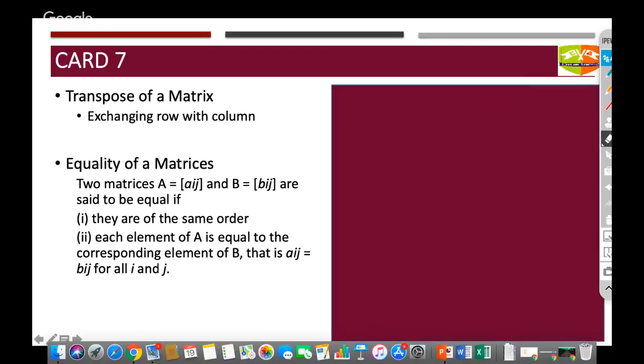Now let me solve a question over here. Suppose I'm talking about equality, so let me take a question of equality, where I talk about the concept of equality. I am taking a 3 by 3 matrix, where I have to find out a few terms.